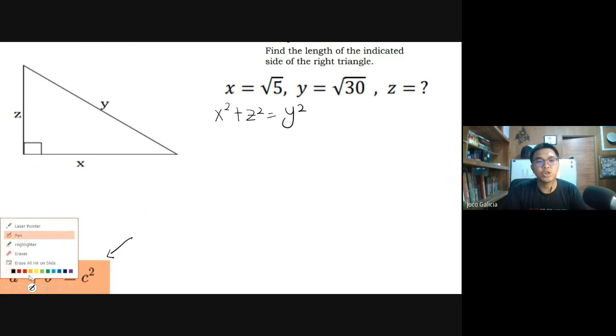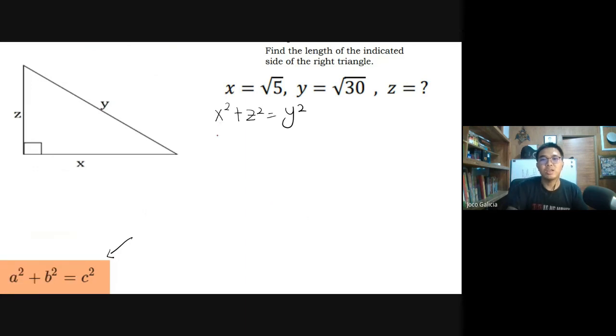By substitution, class, x squared, square root of 5 squared. Yan. Plus, z squared. Ano ang z squared natin? Wala. Yan yung hinahanap natin. Then, square root of 30. What is the square root of 30? By substitution, square root of 30 squared lang.